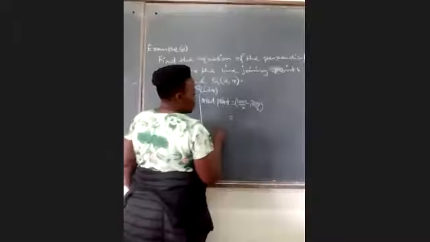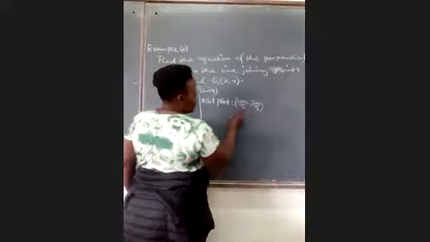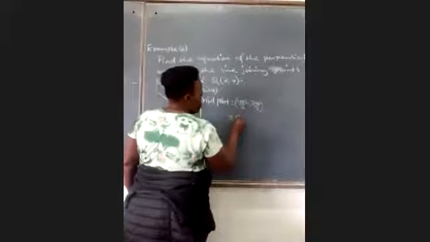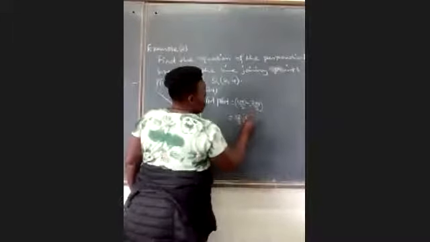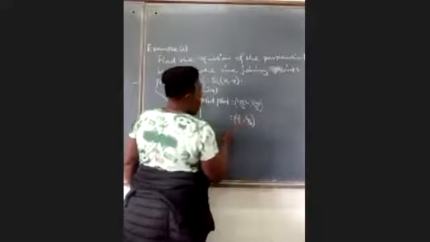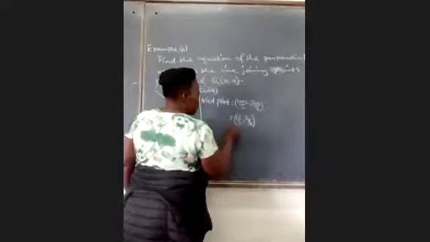So that would be 10 plus 2 divided by 2, then 2 plus 4 divided by 2. So 12 divided by 2, then 6 divided by 2. So our midpoint M is equal to?